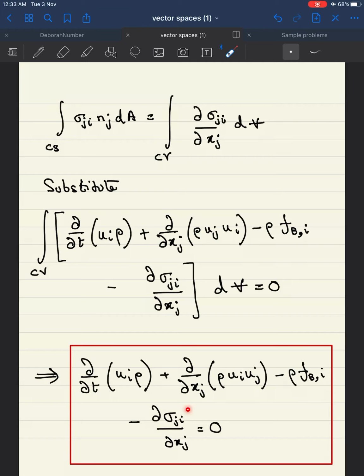But I now need a relationship which will relate my stress to my strain in the system, or the strain rate, and then I can replace this term and have maybe an equation in all u or something like that. We'll see what it comes out to, but that's what we want to do. So that's where the constitutive law comes in. We need to get rid of this term and replace it with something else such that it renders this equation solvable.